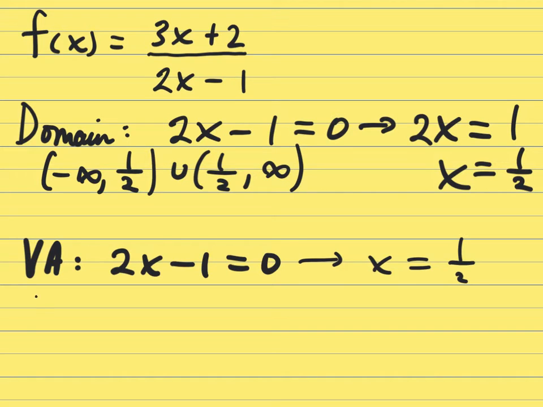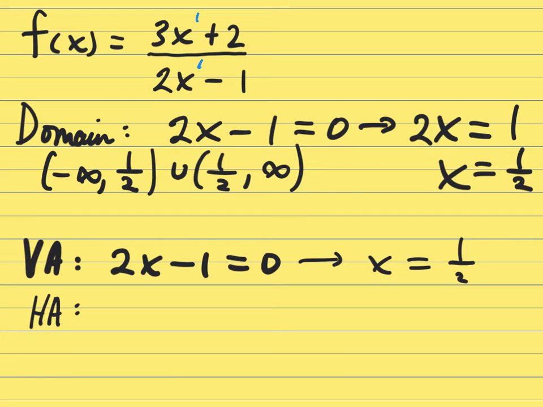Horizontal asymptote, you look at your original function. If your values of x have the same dominant exponent, for example, in this one, both numerator and denominator have a power of 1 for the x term.